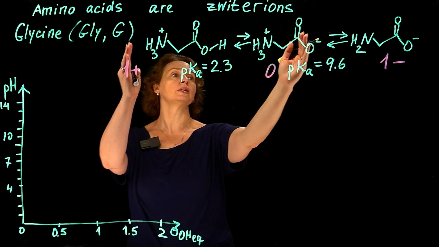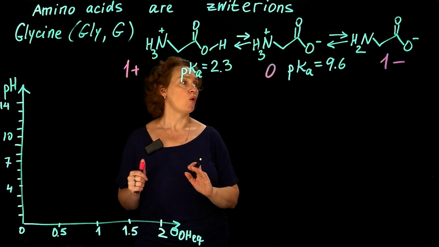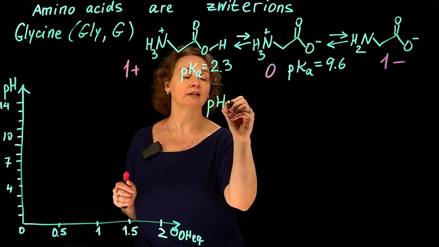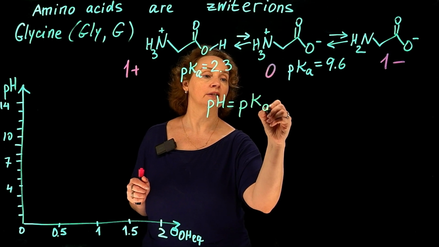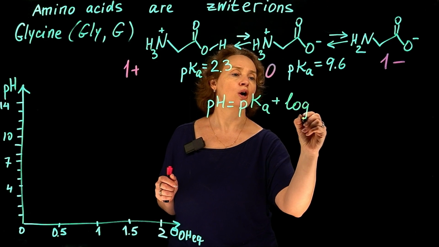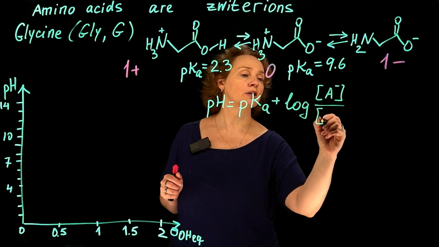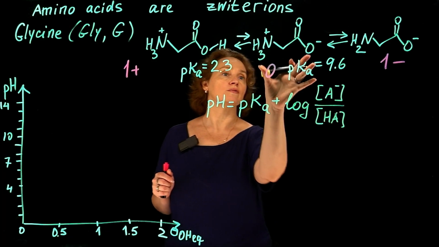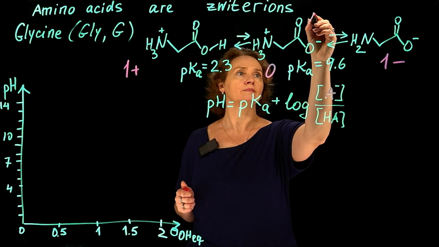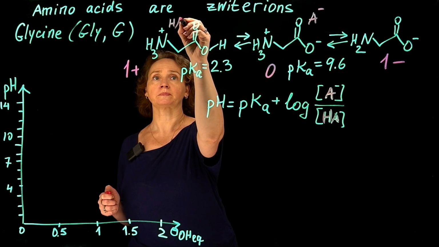So pretty much we are looking at this equilibrium right here that is characterized by the pKa of 2.3, and we need to remember the Henderson-Hasselbalch equation that relates the pH of the solution to the pKa and decimal logarithm of the ratio between the conjugate base concentration and acid concentration. So this is our conjugate base, and this is our acid right here.